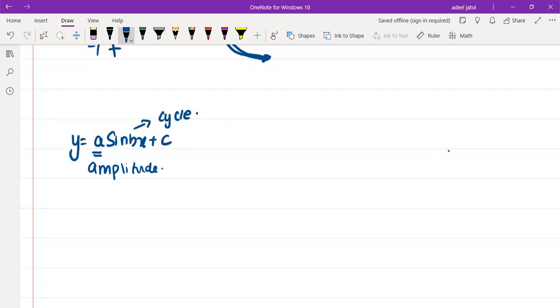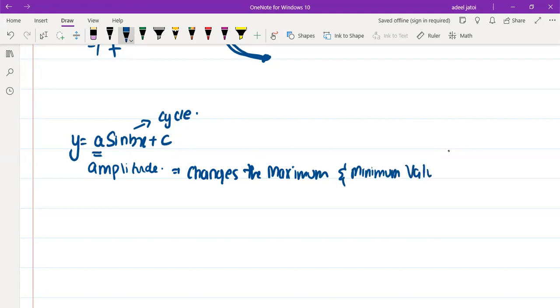Amplitude changes the maximum and minimum values of the graph. Now, when the maximum and minimum values of the graph are changed, that means the range is changed. What is changed? Range.